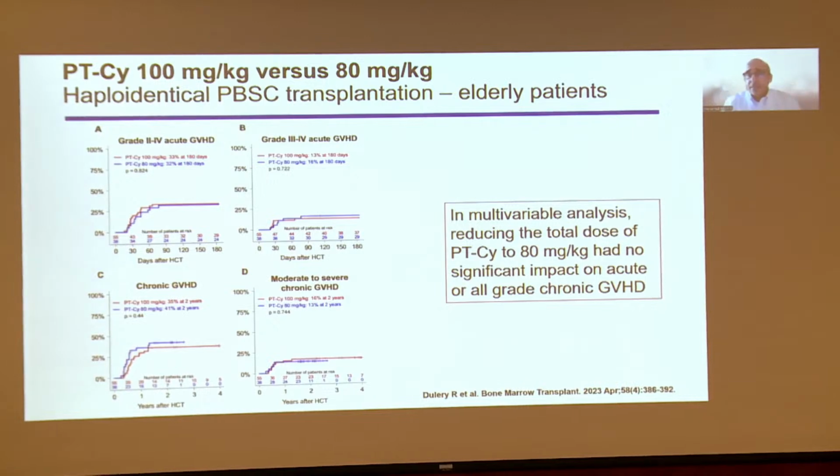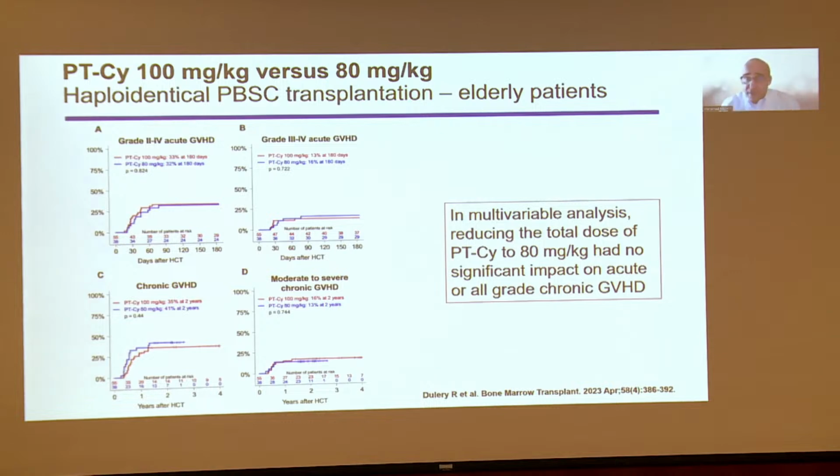Actually, we started immediately by reducing by 20% the dose of post-Cy. And that was a single center analysis that we published in April 2023. And we could show that you can reduce by 20% the post-Cy dosage in the haploidentical PBSC setting. And of course, these were elderly patients where we thought they had a risk of cardiac toxicity.